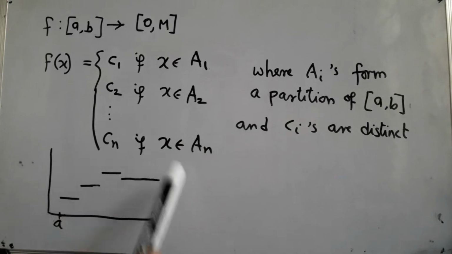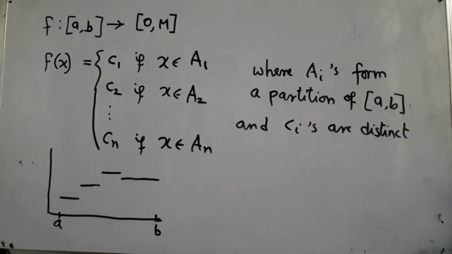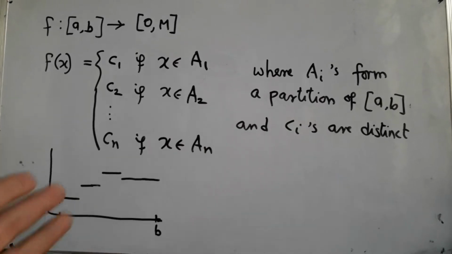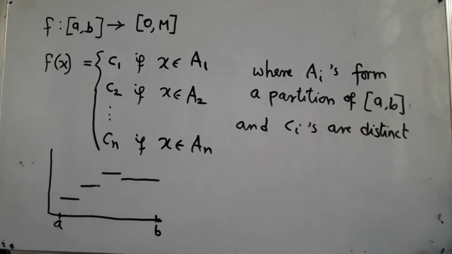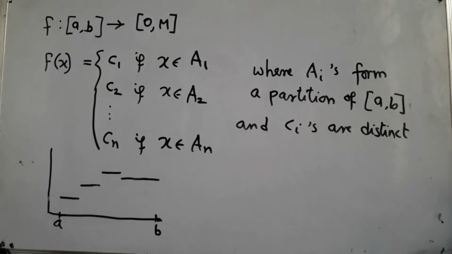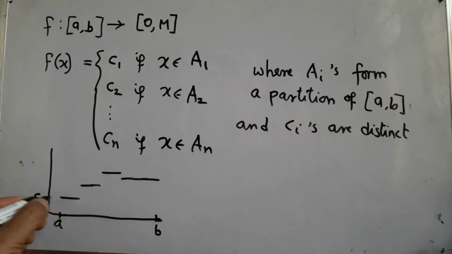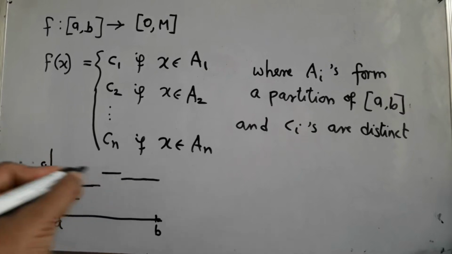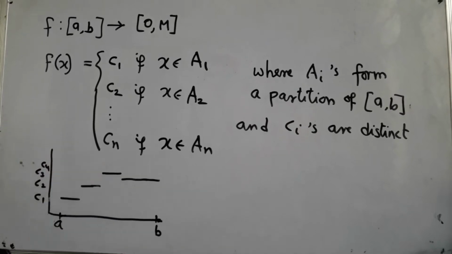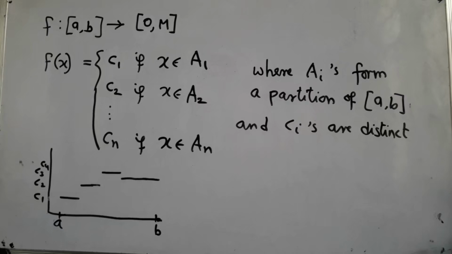So here is a graph that I have given for a simple function which is far from typical. It is just to keep a picture in your mind. It takes only finitely many values. So these values are my Ci. This value is C1, this value is C2, this value is C3, this value is C4. They need not be ordered, but here I am drawing them like ordered. And this is AB. So where does my function take the value C1?